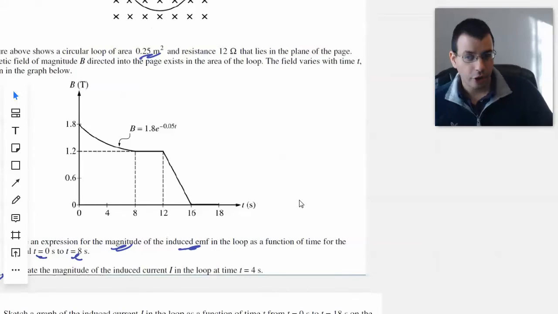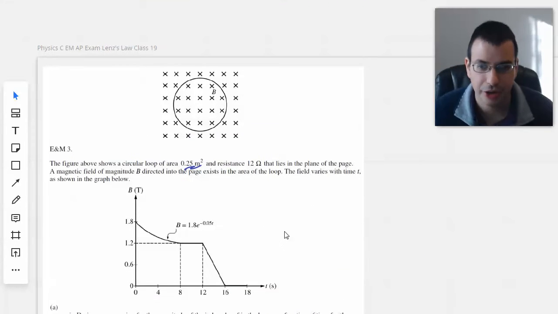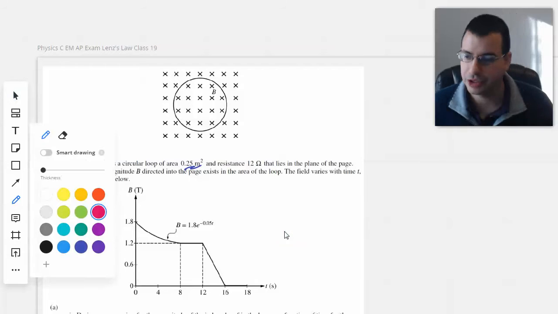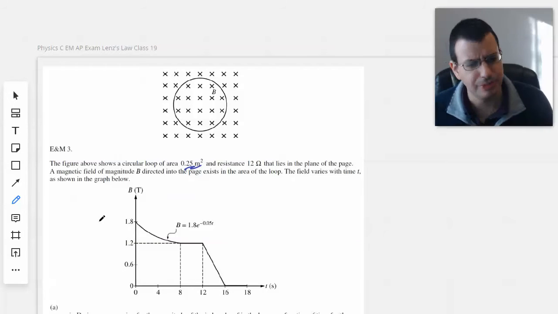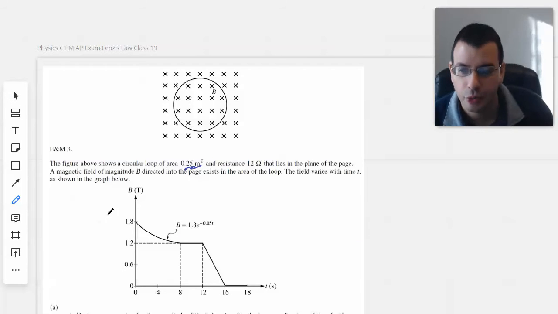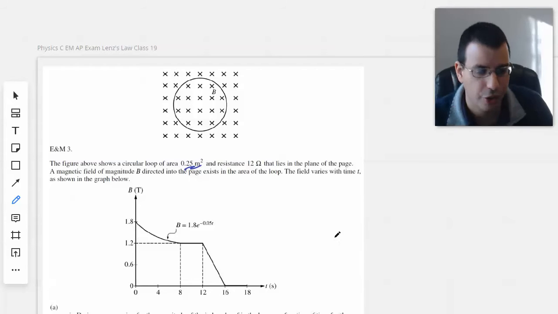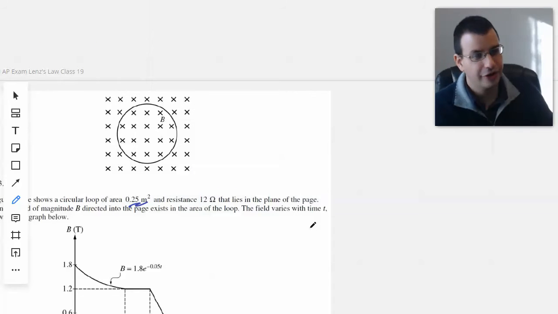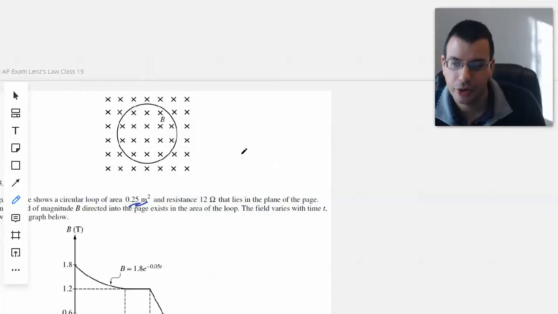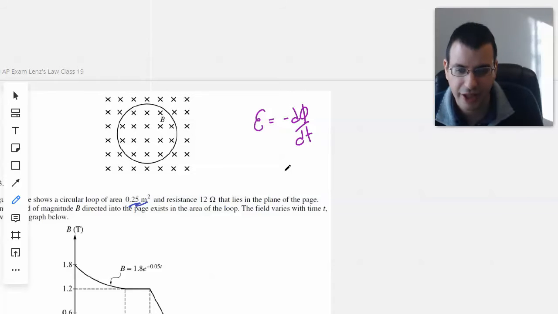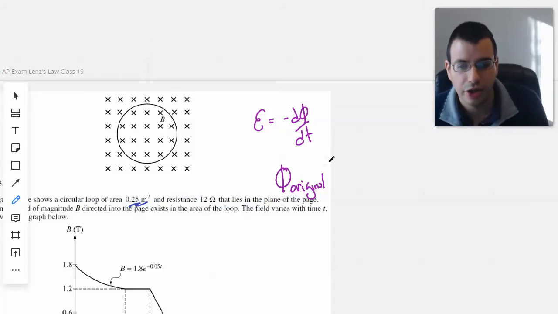Okay, so this is going to be the actual analysis part. We want to start by finding the direction of current, which is all that we really need to find because we already found the magnitude. So Lenz's law is EMF equals negative d flux dt. We have an original flux going into the page. This flux is going to go down.